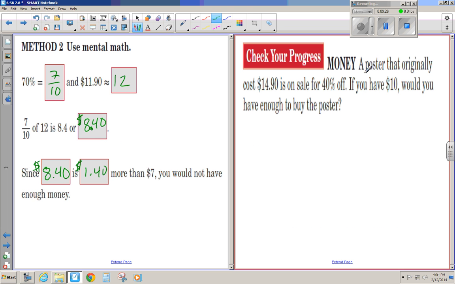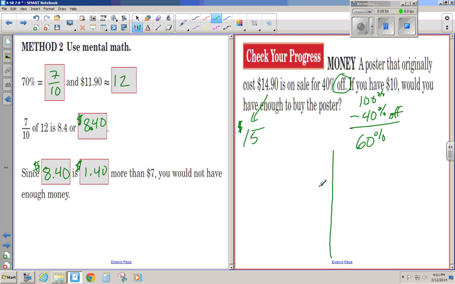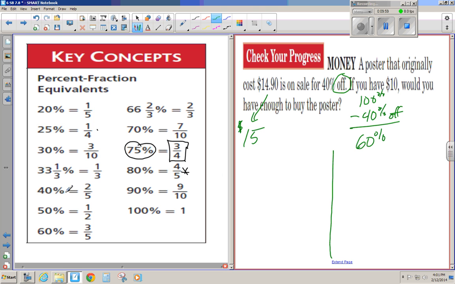All right, let's take a look at this. A poster that originally was $14.90, right away you should be telling yourself $15, is on sale for 40% off. So 100% minus the 40% off gives us 60%. Would you have enough to buy the poster? So $15. There are 2 methods. The proportion way, which says that 60% is 3/5.